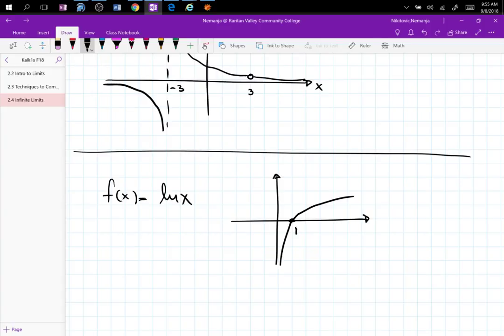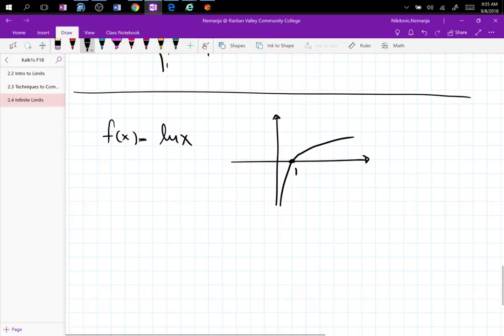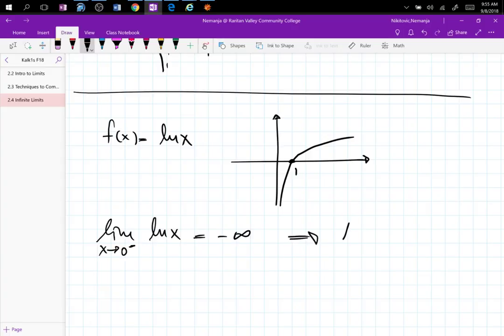And in this case, if you write the limit of ln x as x approaches 0 from the right, it is going to be negative infinity, implying a vertical asymptote at x equals 0.